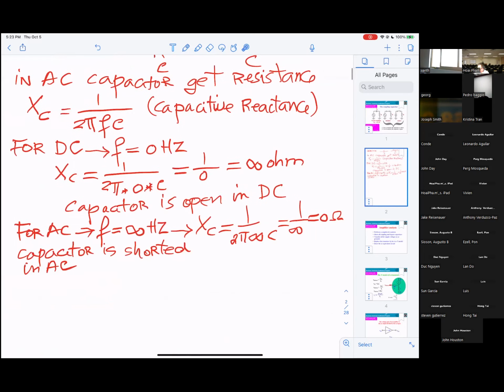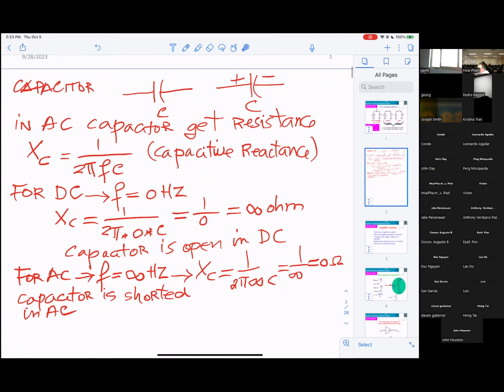That is everything here, telling you why they are shorted or why they are open. That's a very, very basic thing you guys should know.